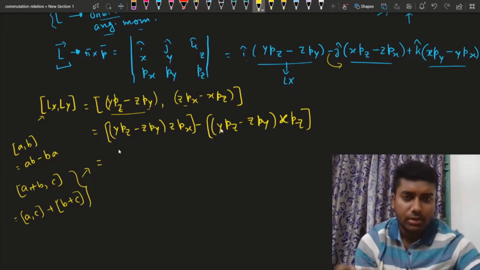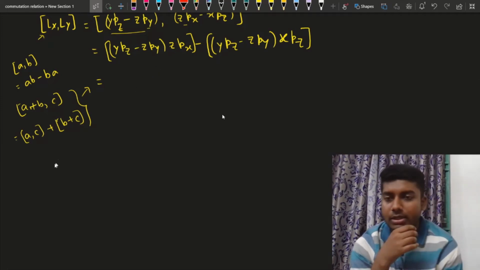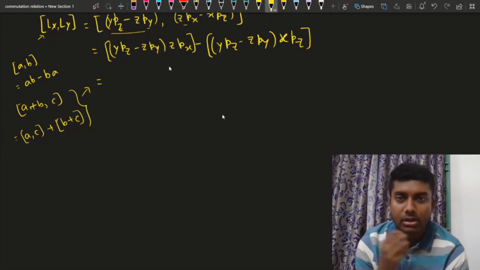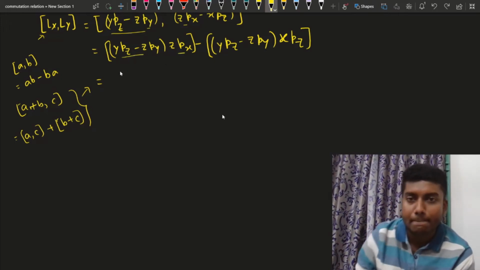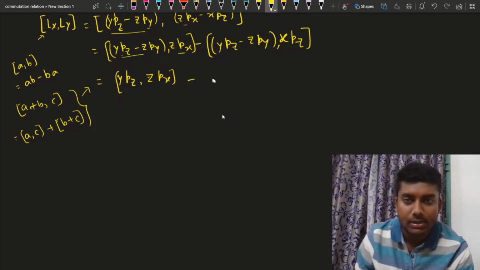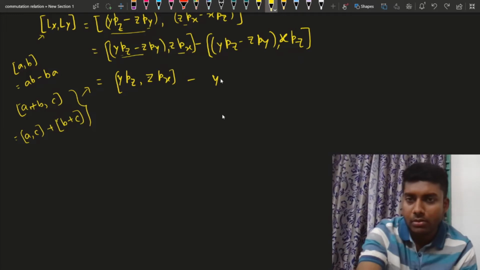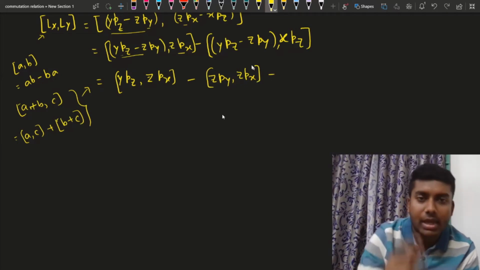Now I can again split it in this way. This into this means Y Pz comma Z Px, minus Z Py comma Z Px, and similarly for the other terms.